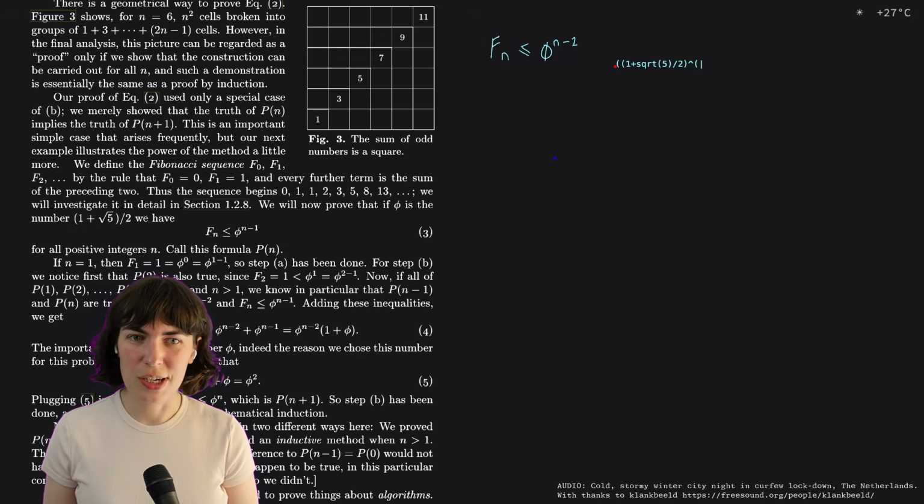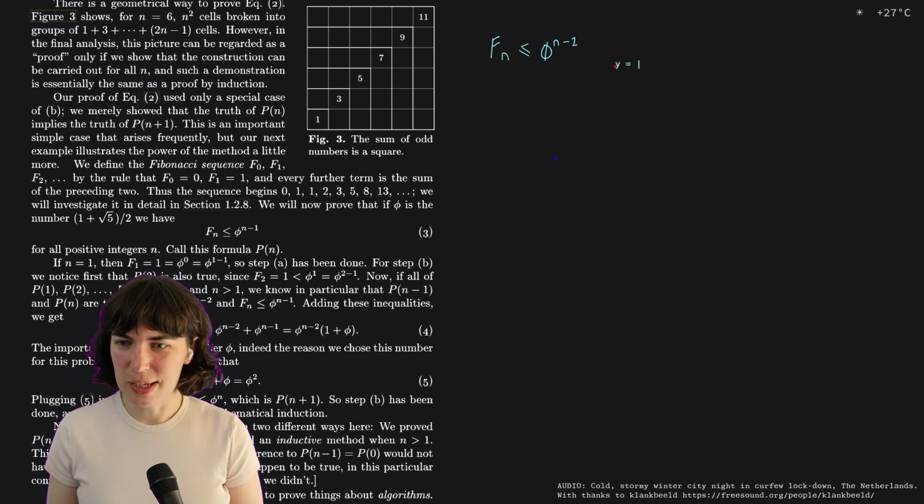I forgot to put y on the front, which will be annoying later. Let me do that. I haven't got good text editing yet. We can see what this looks like.